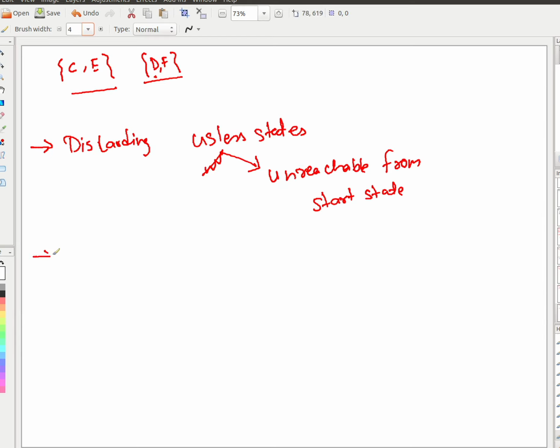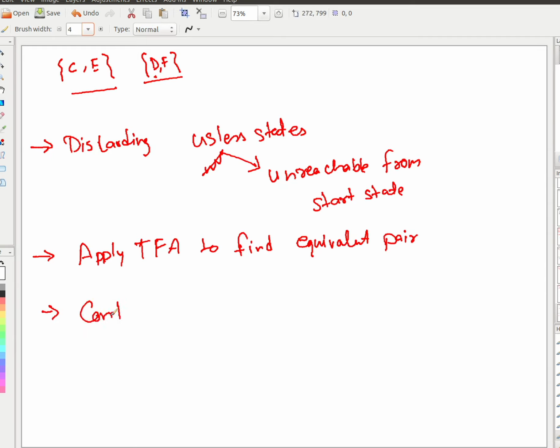Now next, you should apply the table filling algorithm to find equivalent pairs. Once you found that, then you have to construct blocks of equivalent states.